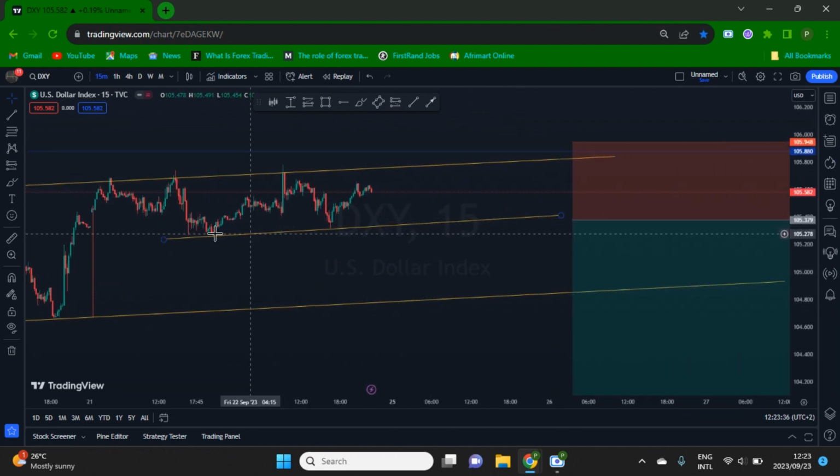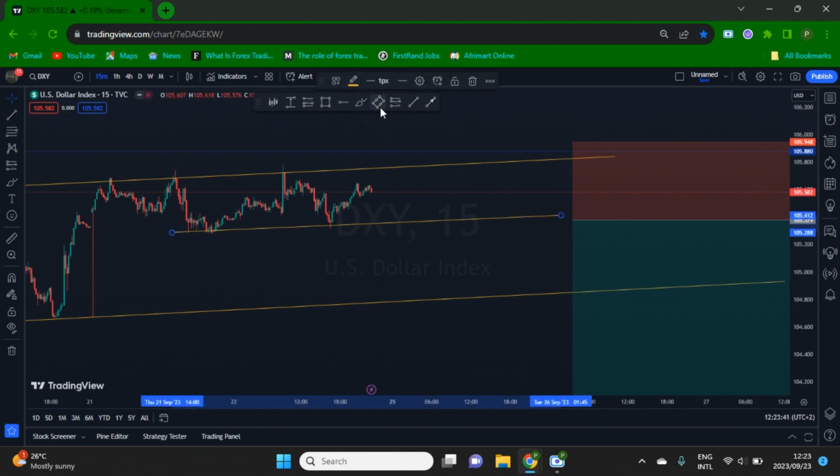As you can see, if price keeps evolving in such a way that it's gone up here, then it starts moving like this, right? I'm gonna keep evolving with the price as well.